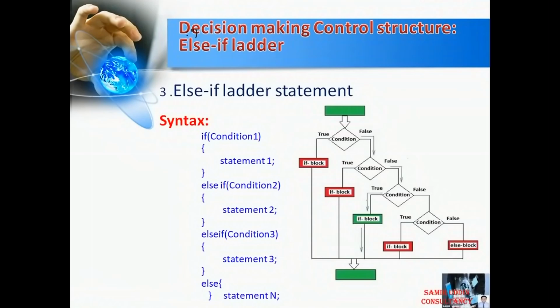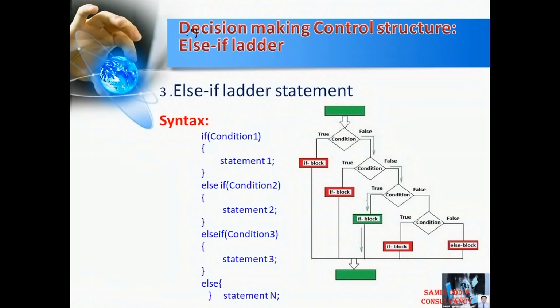We have learned if-else. Now I am going to demonstrate the concept of the else-if ladder statement using a practical example. Say we need to find out the grades of a student according to the obtained marks.